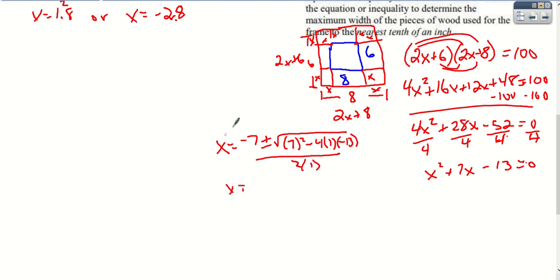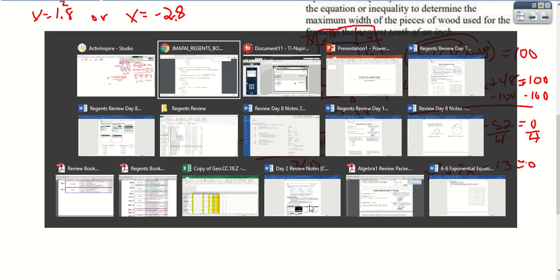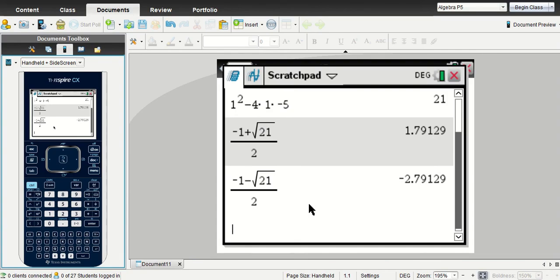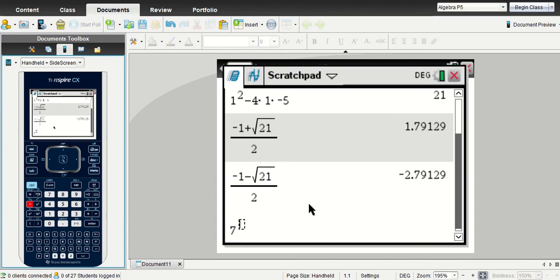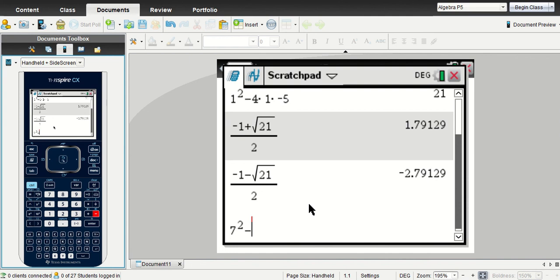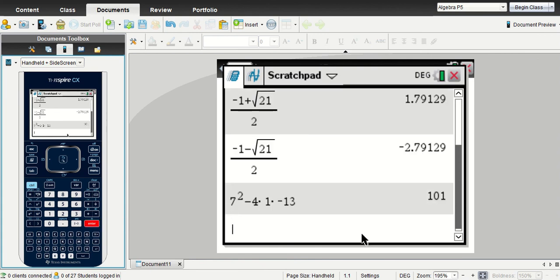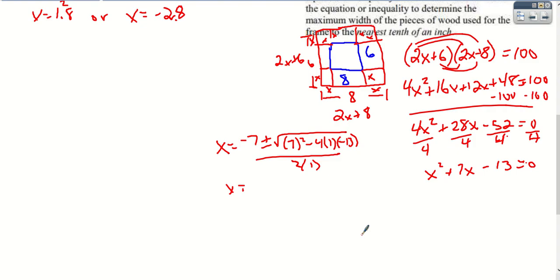So we're going to type in 7 squared minus 4 times 1 times negative 13, which is 101. So negative 7 plus or minus the square root of 101 divided by 2. All right. And remember, we're going to the nearest tenth.